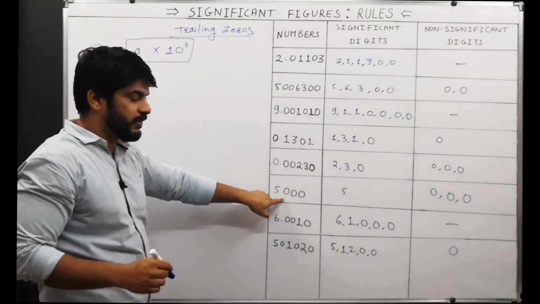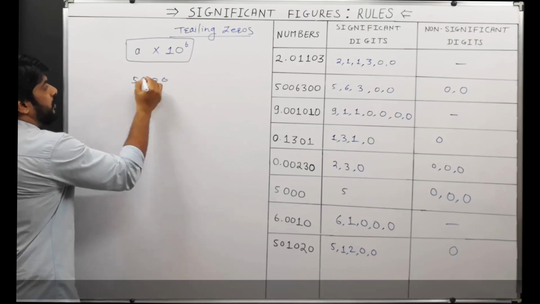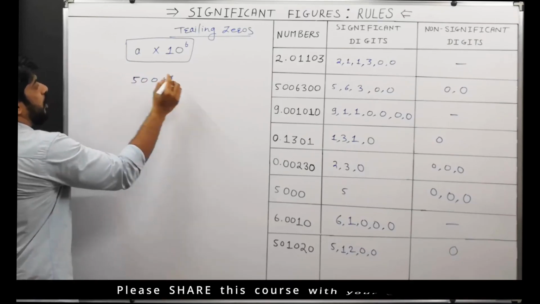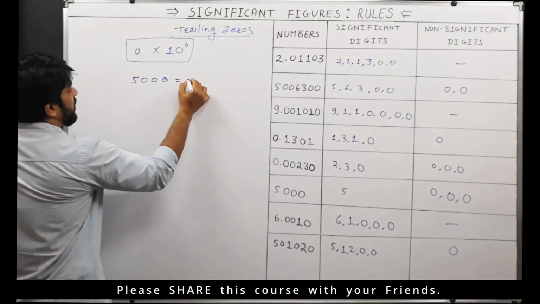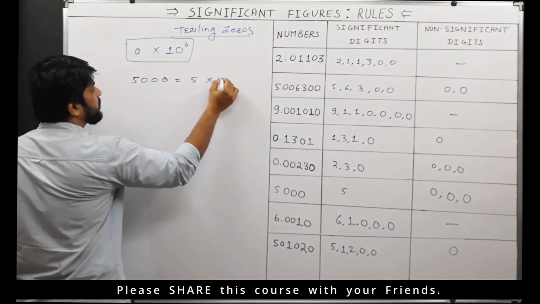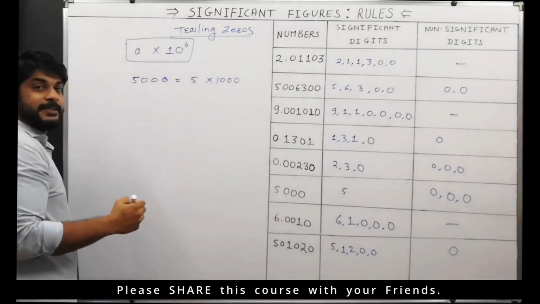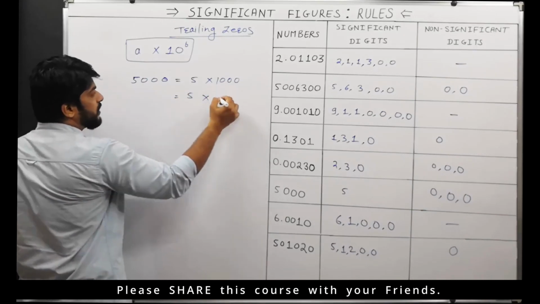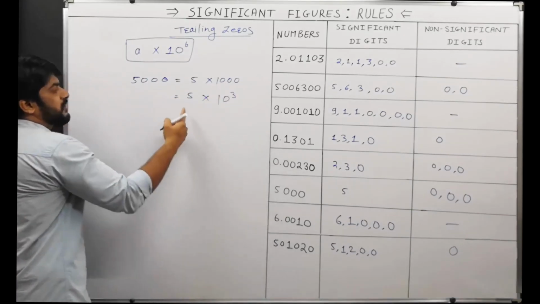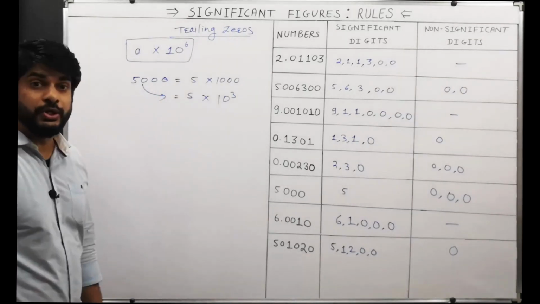For example, this one. This is 5,000. How will we represent this 5,000? It's very simple. We can write this as 5 into 10 raised to 3. First of all, 5 into 1000 is 5,000, and 1000 is 10 raised to 3. So you can see this number has been represented in the form 5 into 10 raised to 3.